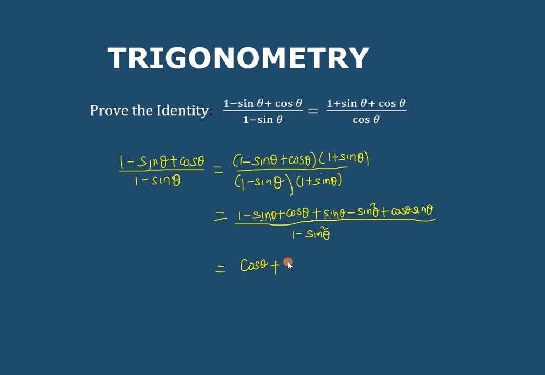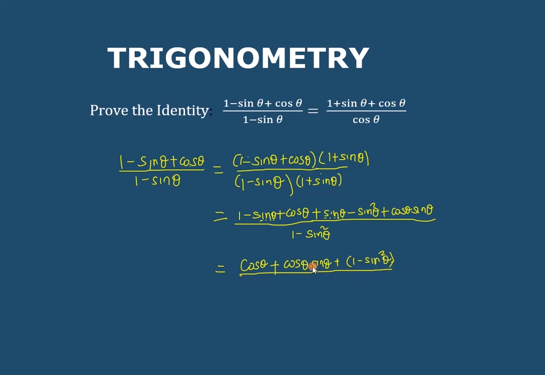This is plus cosine of theta sine theta. Then plus, let me put this in bracket, 1 minus sine squared theta. That's what I have as the numerator.